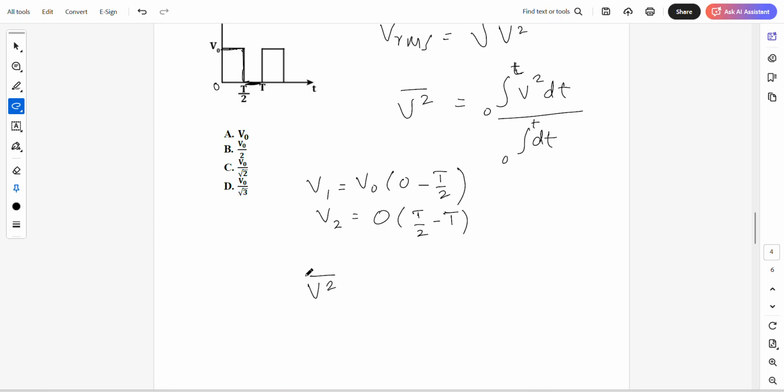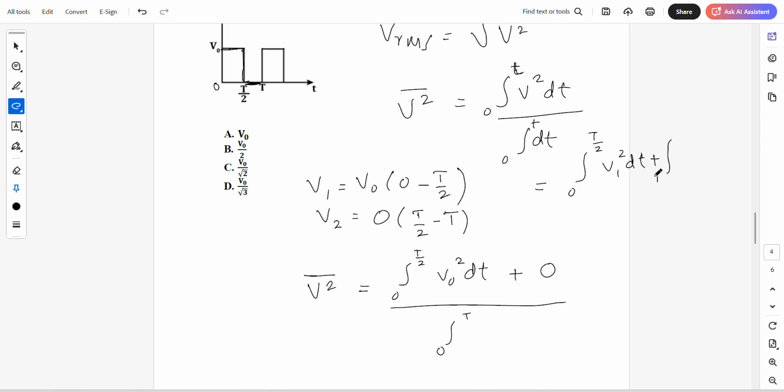Average of v square is the integral from 0 to T by 2 of v naught square dt, plus, for the next half cycle, 0, divided by the integral from 0 to T. This can be written as the integral from 0 to T by 2 of v1 square dt, plus the integral from T by 2 to T of v2 square dt, divided by the integral of dt from 0 to T, the full cycle.